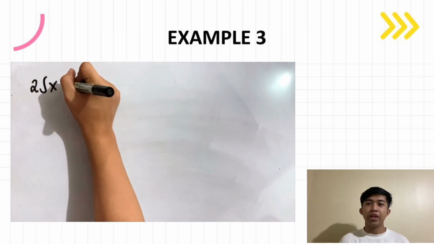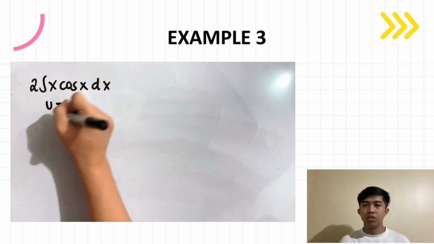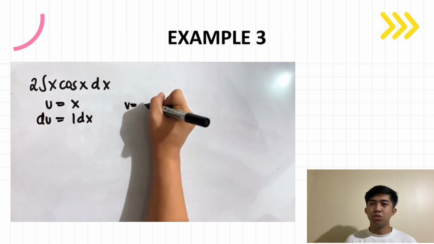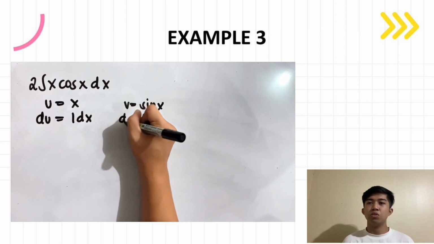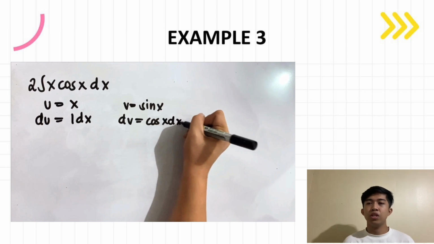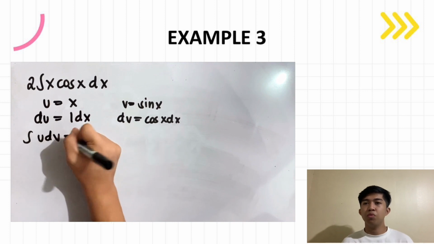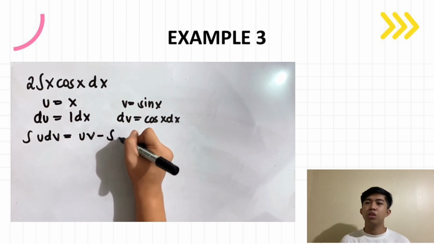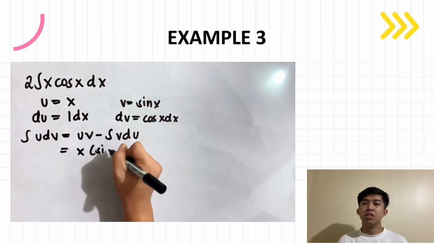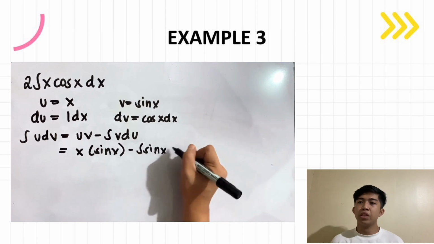Now for 2 integral of x cosine x dx, the givens are u is equal to x, du is equal to 1 dx, v is equal to sine x, dv is equal to cosine x dx. The formula is integration by parts: integral of u dv is equal to uv minus the integral of v du. So x, parenthesis, sine x minus the integral of sine x, parenthesis, 1 dx.